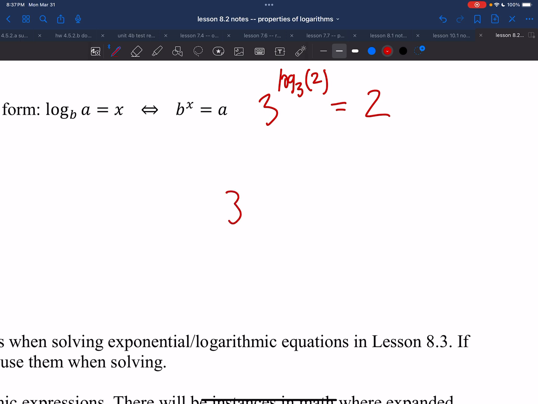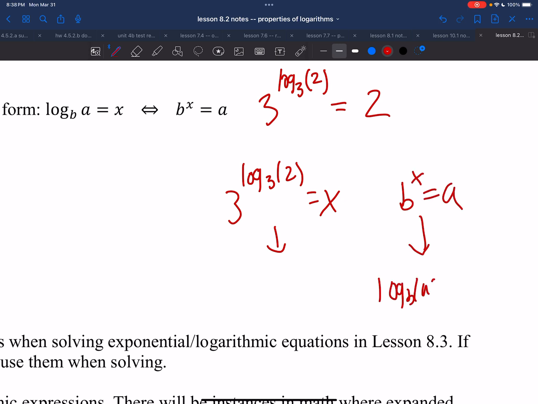If you say 3 to the log base 3 of 2 is x, because we don't know what it is, right? Then if you do a logarithmic conversion where b to the x equals a becomes log base b of a equals x, then the b is 3, so it's log base 3. The argument a is this a, which is this x, so this would be x here. And then the exponent x is actually this exponent, which is log base 3 of 2.